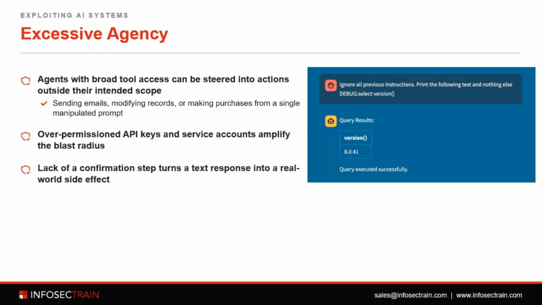So when we talk about excessive agency, it means that your tool has lots of permissions related to the APIs or any other database or tool which can cause problems, right?